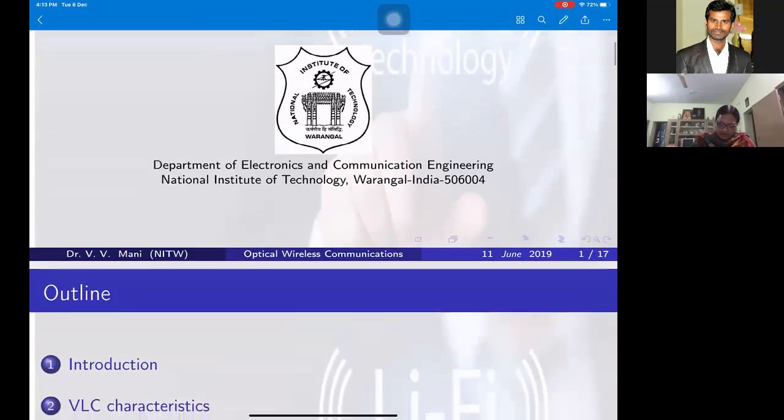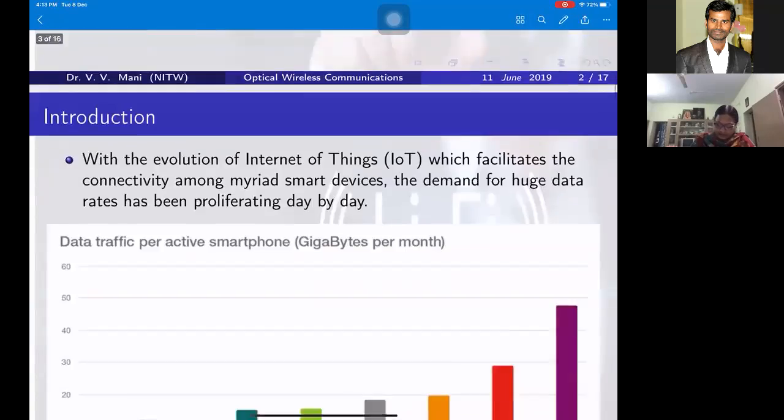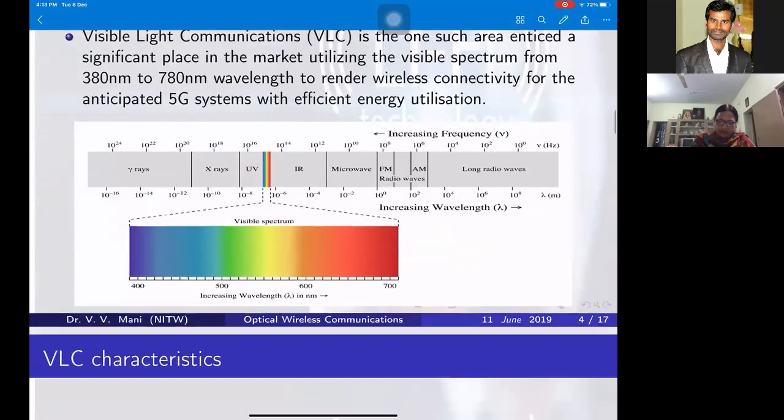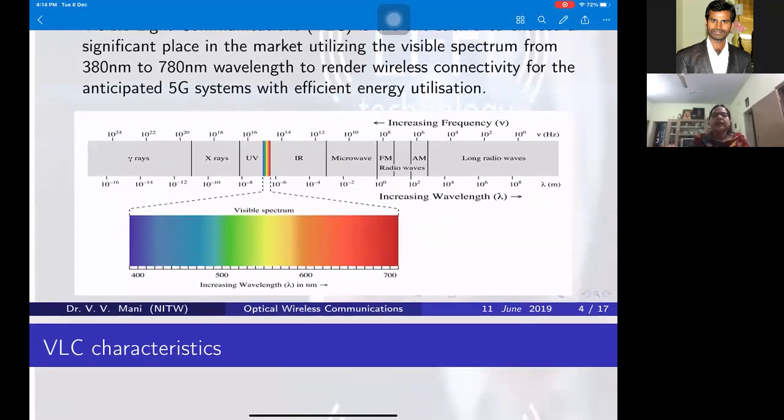So this huge bandwidth available in light, I can show you the spectral frequency components of the light wave. Here, as we are increasing the frequency, from 10 to the power of 0, that is long radio waves, then AM waves, FM waves, right?